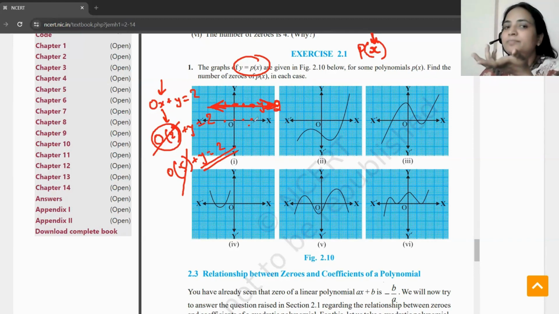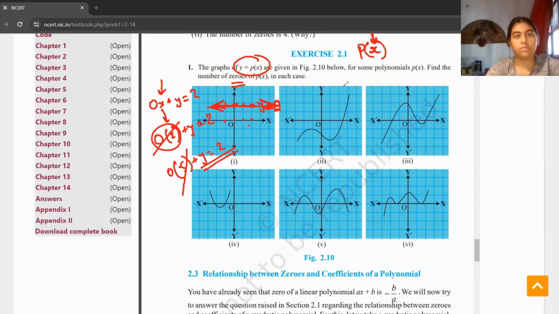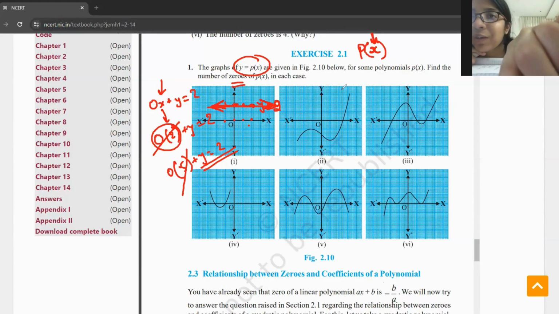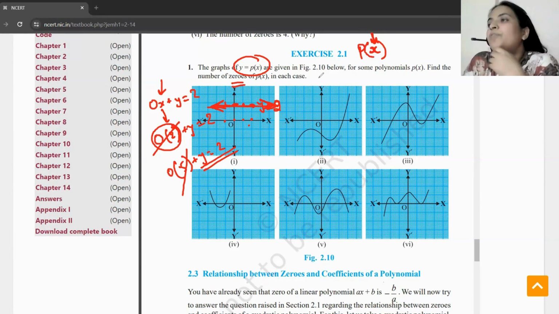That's linear. Understood or not? And what is the number of zeros here? 0. Yes, Shreya, you tell me. Ma'am, 1. Think of it. We have done it in the last class. We have discussed it. Again, think of it. How many zeros would it have?